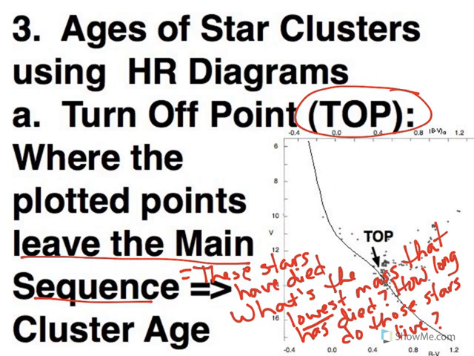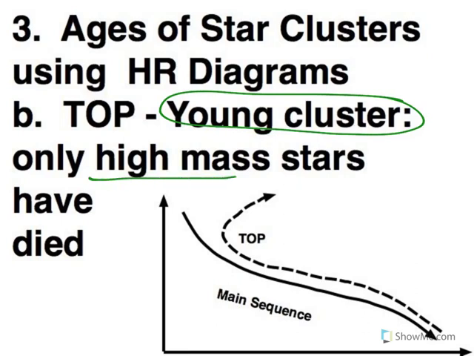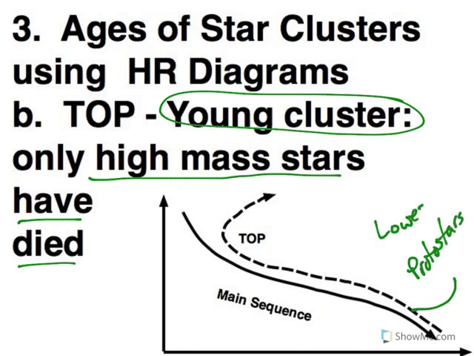So let's look at some examples of what this would look like for different ages of clusters. So here we see an example for a young cluster. So if it's young, only our high mass stars have died. So if we look here, we probably would also have some up here, because these would still be protostars for our lowest mass. So our lowest mass stars are probably still protostars, not even on the main sequence.